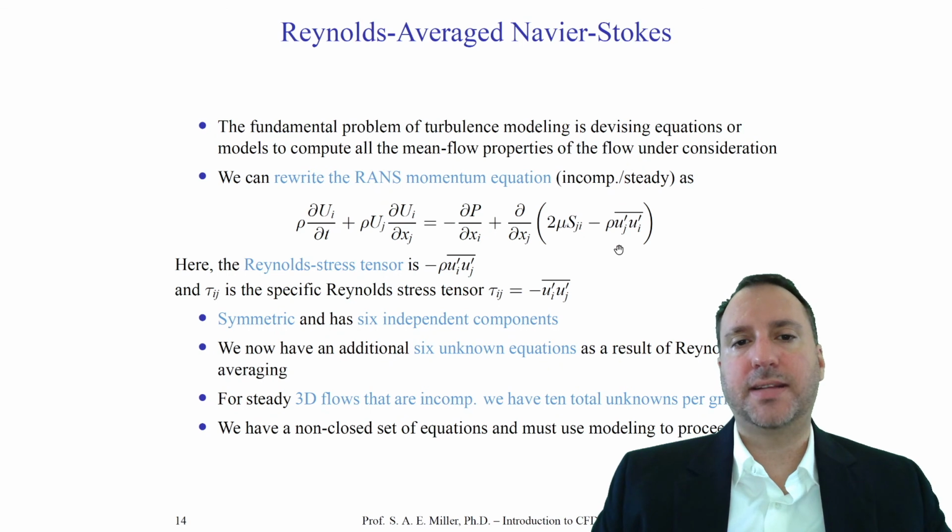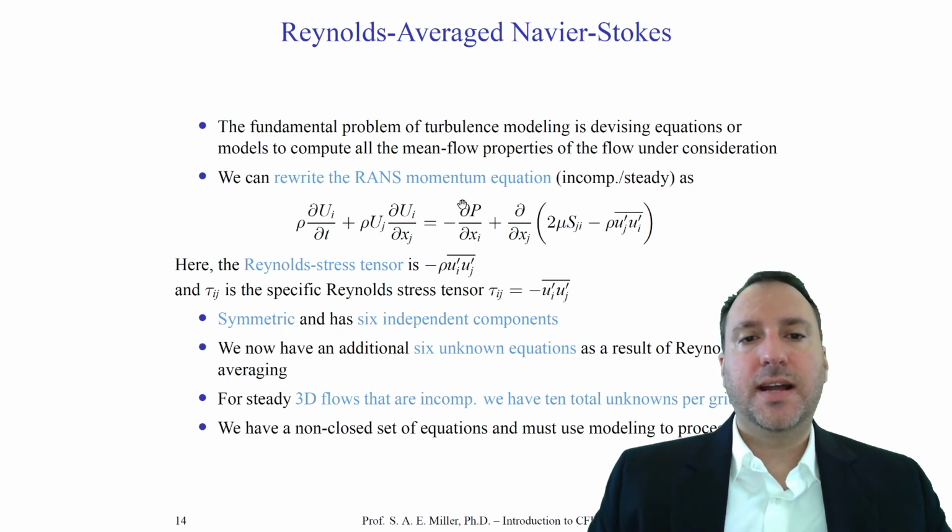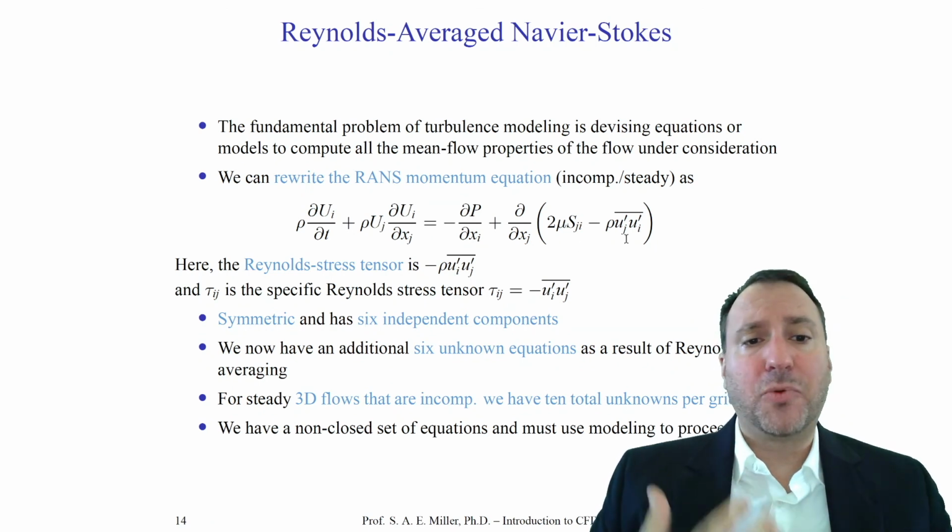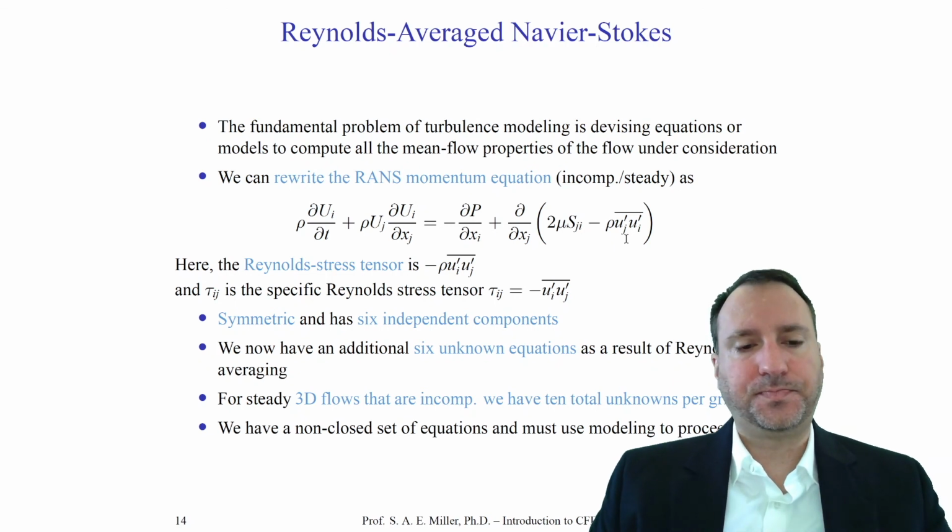And then we put it on the right-hand side as a stress. And so the RANS momentum equation is very much like the original Navier-Stokes equations. The left-hand side is exactly the same, so is the pressure term, except they're operating on mean quantities. And of course, we still have the same stress term, but operating on mean quantities. And now we have an additional Reynolds stress. And how do we model that? Because we have more terms than equations.